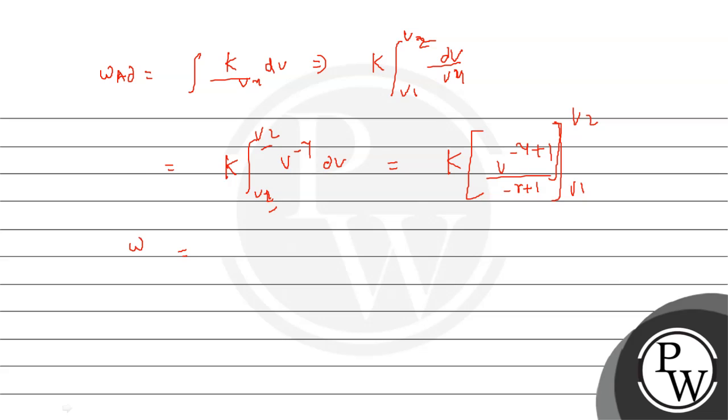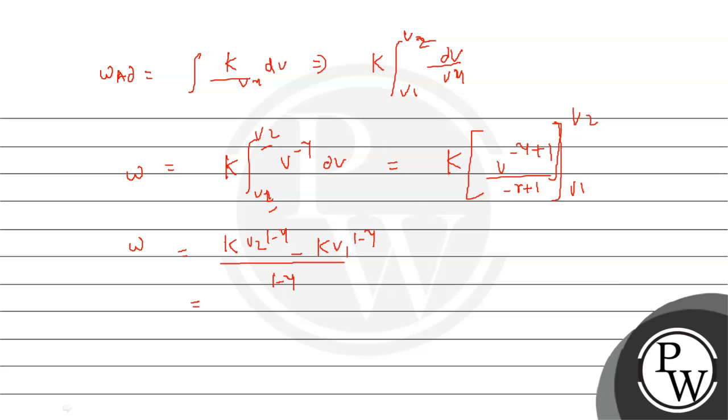From this, the work done W equals K V2^(1 minus gamma) minus K V1^(1 minus gamma), divided by 1 minus gamma.